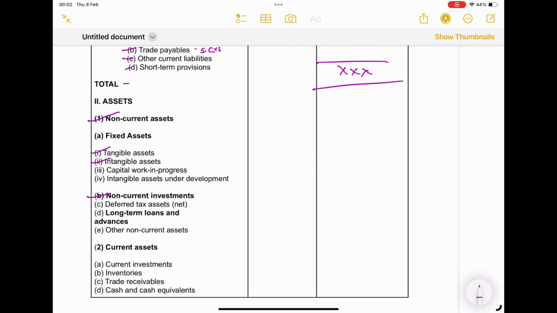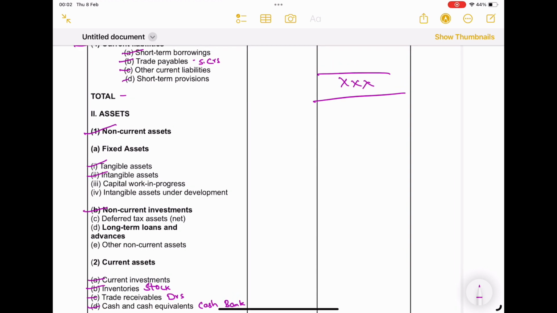Next, current assets, current investment. Inventories means stock. In this we are going to write the closing stock value. Trade receivables means debtors. Cash and cash equivalents means cash value and bank balance, both we are going to mention.